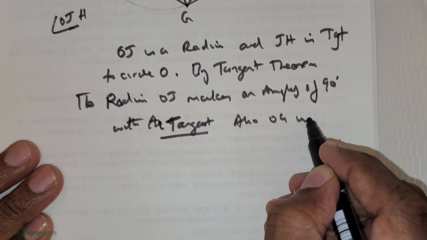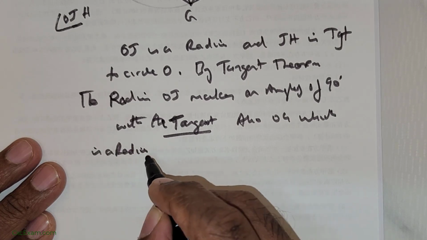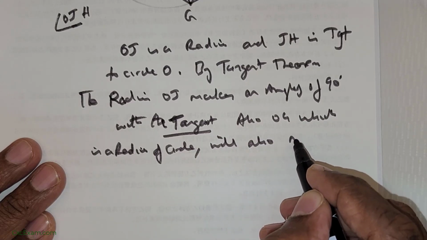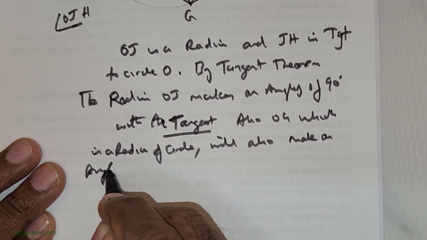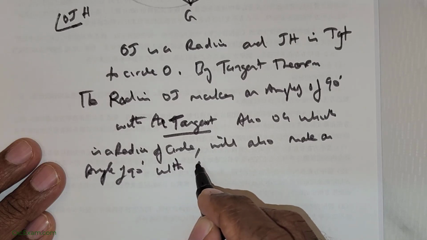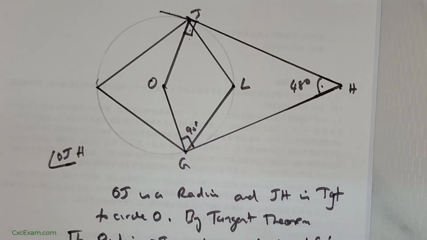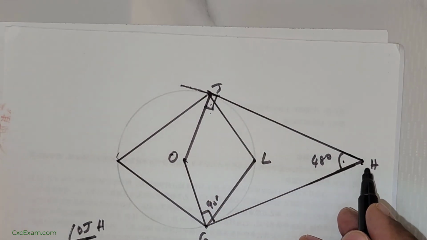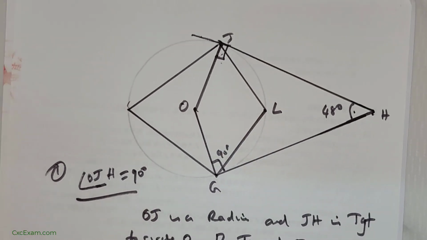Also OG, which is a radius of the circle, will also make an angle of 90 degrees with GH. So this will also be 90. So OJH is equal to 90 degrees. That's the answer to the first question.